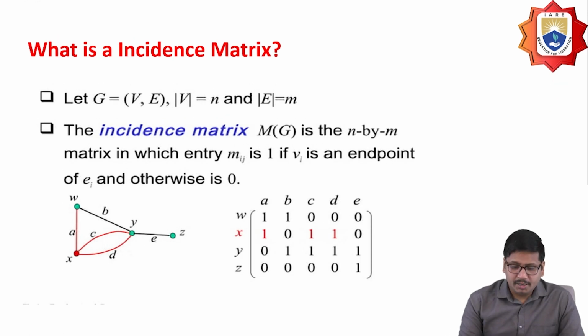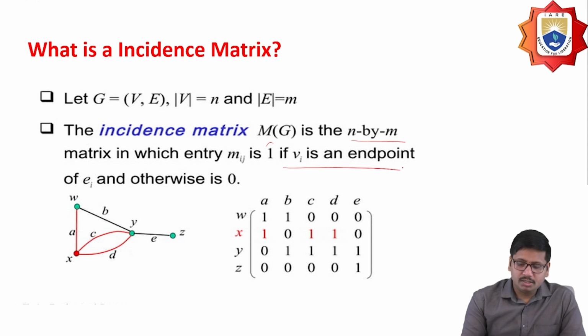And what is the incidence matrix here? The incidence matrix is also a matrix in which the entry is 1 if the vertex is an endpoint of edge E, otherwise it is 0. So the entry is 1 whenever the vertex is an endpoint of that edge, otherwise 0. The set of vertices is considered as rows and the edges as columns.